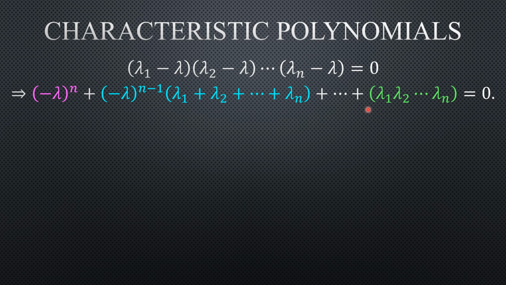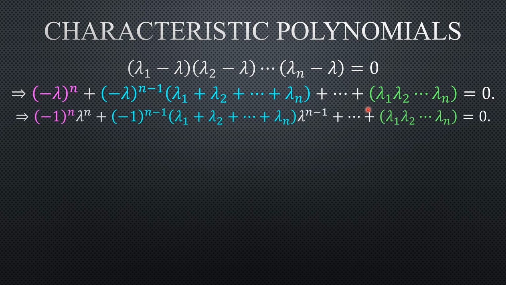Of course, since we're looking at the coefficients, we could go ahead and take out the actual variable of the polynomial. So we see that our coefficient is really just (-1)^n, (-1)^(n-1) with all the lambda subscripts here. And then this one is the C0 since lambda to the 0 is not included.